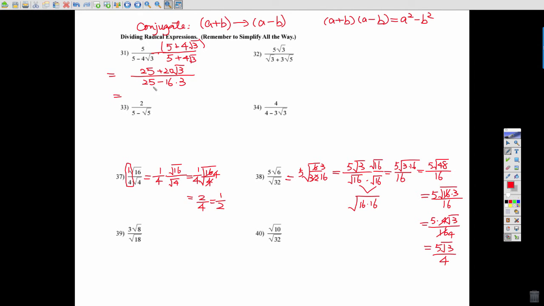So upstairs I have 25 plus 20 root 3. Downstairs, I have 25 minus 48, which is minus 23.